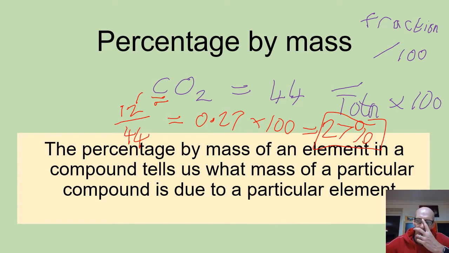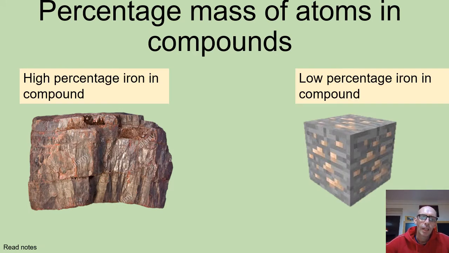Now, why would we want to do this? What would possibly be the reason? Here, for example, one of them is actually a real picture of a mineral containing an ore, a rock containing iron, and you can see there's quite a lot of brownness in here, giving a good idea there's lots of iron.